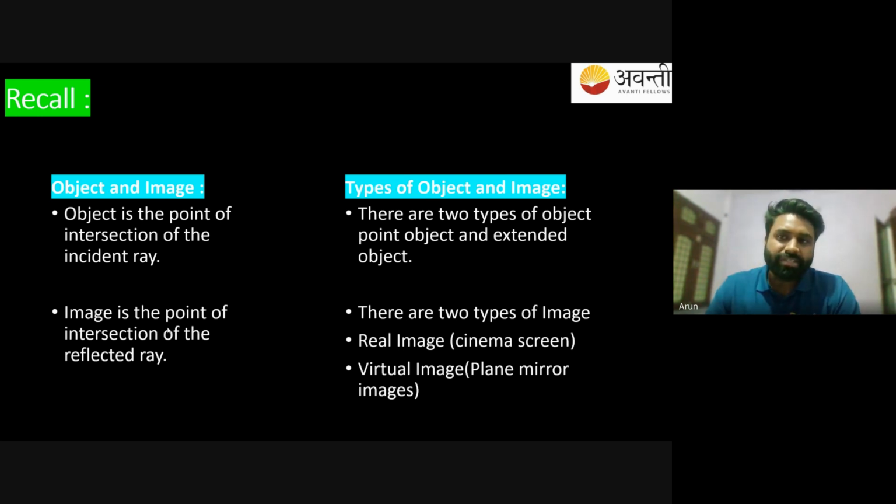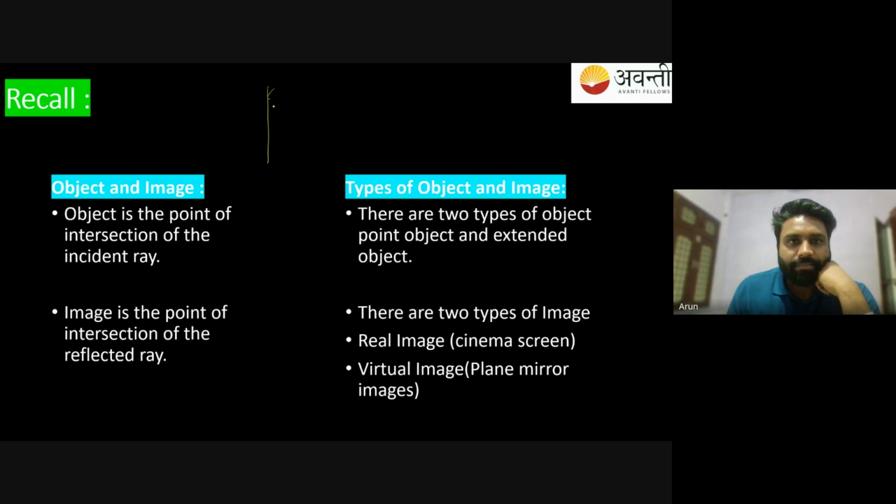What is a real image? A real image is the actual meeting of reflected rays. जब rays reflect होकर के actual में किसी point पे meet कर रही हैं, that point is termed as the real image. But if they are not meeting there and just appear to meet, then it is called a virtual one. Let me show you by an example.